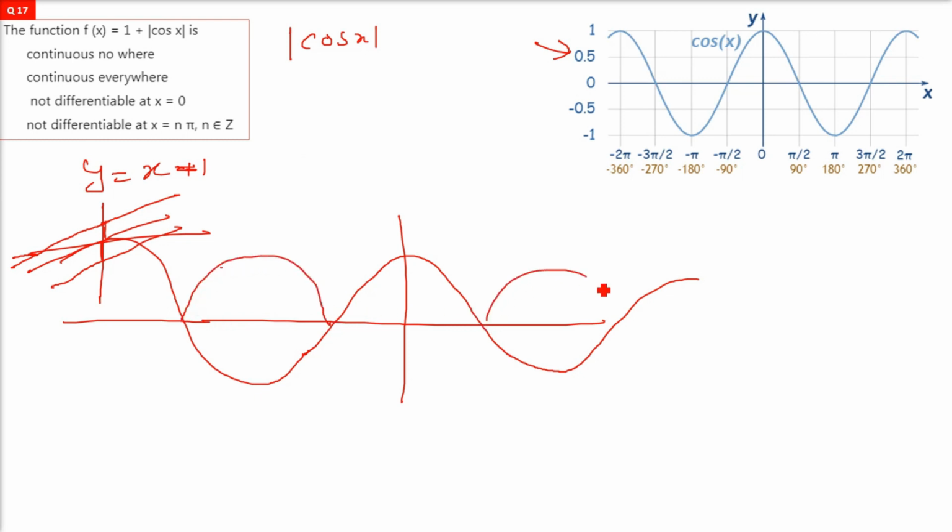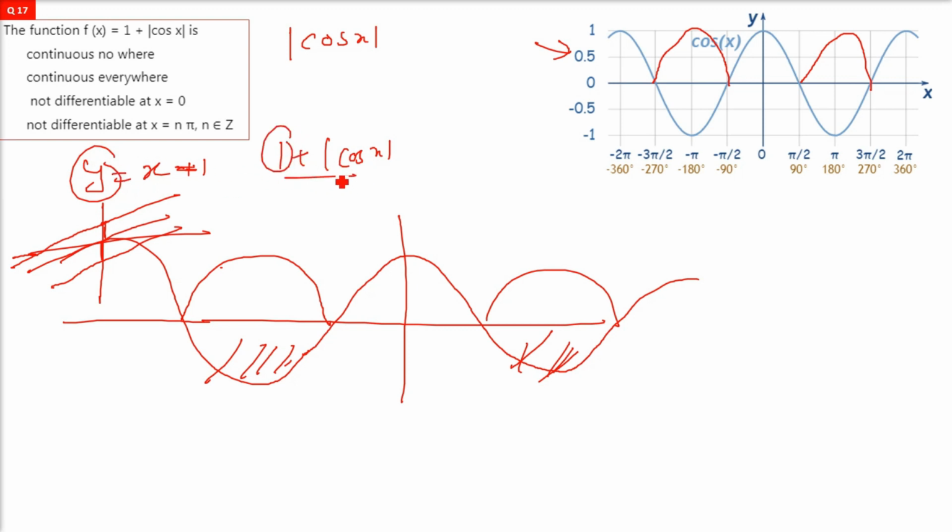All these parts will go up. There will be nothing on the negative y-axis. That is the whole idea about the modulus function. So when you add 1 plus modulus of cos x, you are just making this modulus of cos x go up 1 unit. You just hold this, take it 1 unit up and keep it there. So that is 1 plus modulus of cos x.